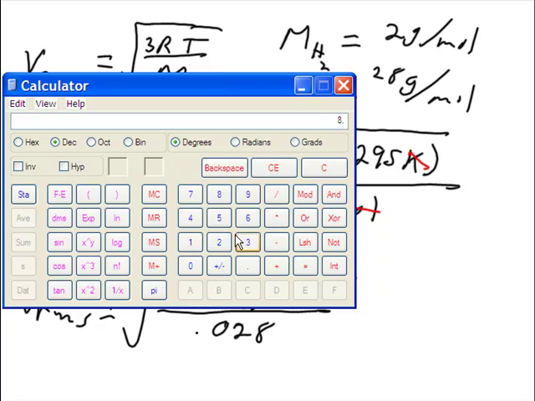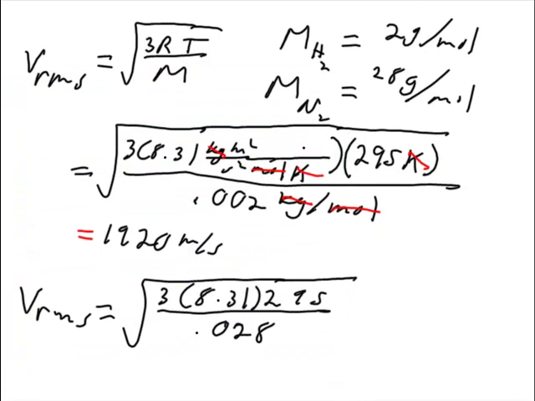Take a square root, 512, or 513. Still very fast, faster than the speed of sound in fact, but not quite as fast as hydrogen.